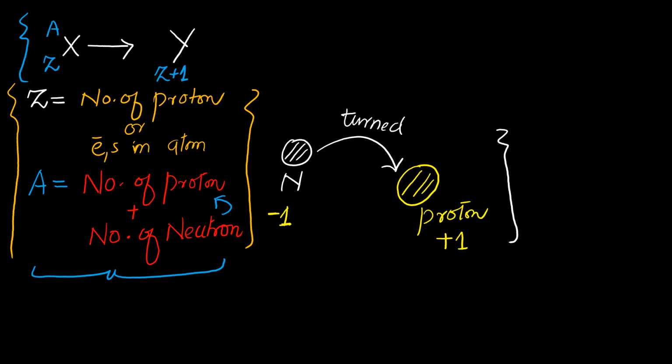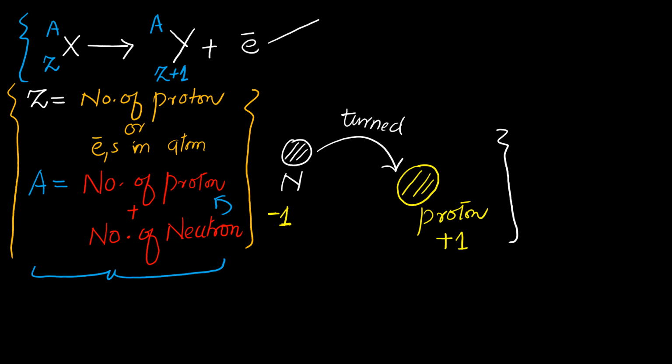So this means that the atomic mass of the daughter nuclei or daughter atom will be the same as the atomic mass of the parent atom or nuclei, and then there will be a release of high energetic electrons along with it.